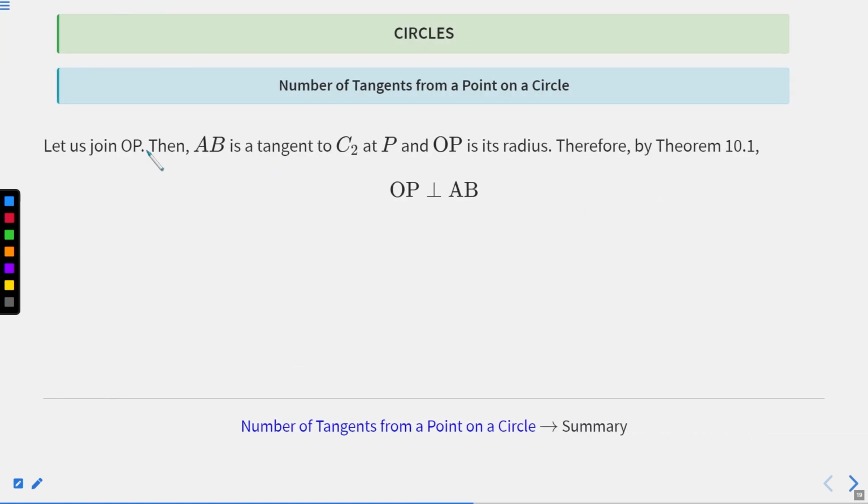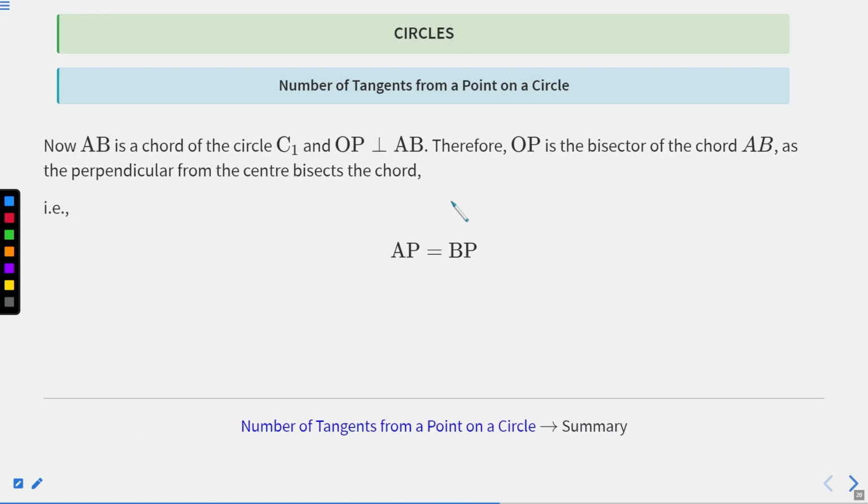So let us join OP. Then AB is a tangent to circle C2 at point P, and OP is its radius. Therefore by theorem 10.1, OP is perpendicular to AB. Now AB is a chord of the circle C1 and OP is perpendicular to AB, so OP is the bisector of the chord AB, as the perpendicular from the center bisects the chord.